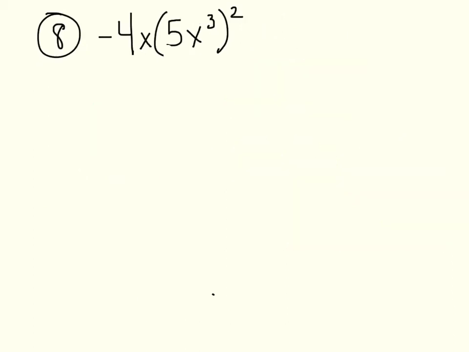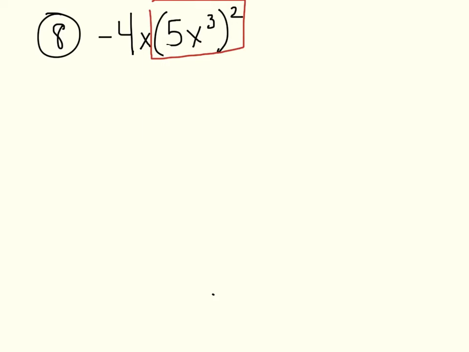Now we have to review order of operations, because you have to still use order of operations when simplifying an expression. Here, we have negative 4x times 5x cubed squared. Order of operations states that we have to do powers before multiplication. So you have to take negative 4x times whatever 5x to the third squared is.